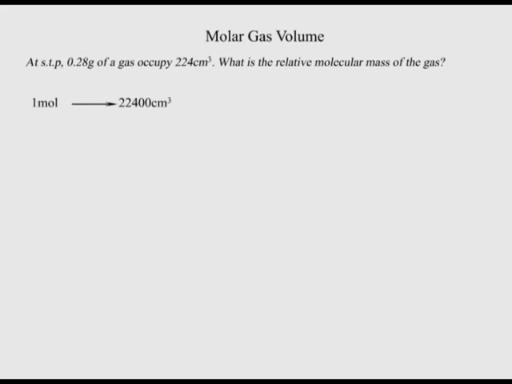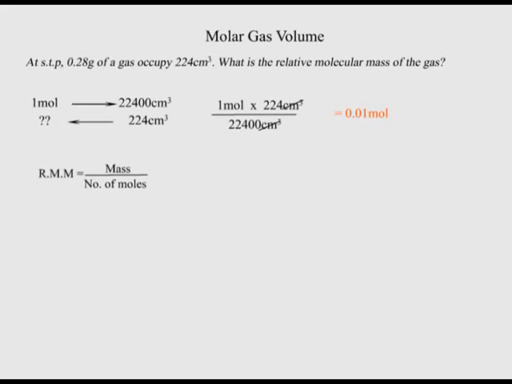And here we have a gas occupying 224 cubic centimeters. How many moles are those? We have 1 mole times 224 over 22,400. That gives us 0.01 moles. Relative molecular mass is given by mass over the number of moles. That is 0.28 over 0.01, which gives us 28 grams per mole.